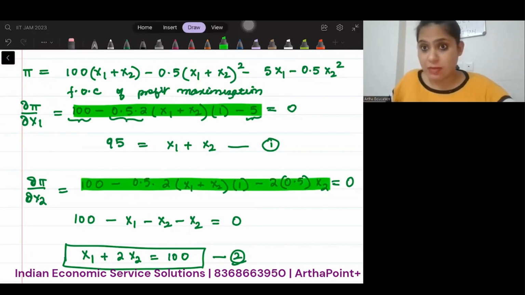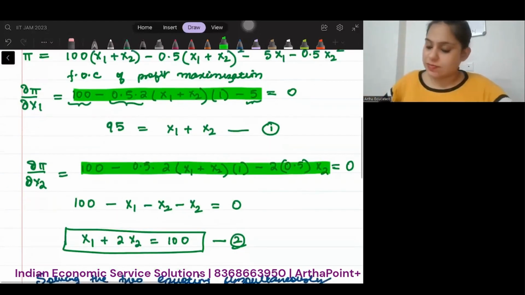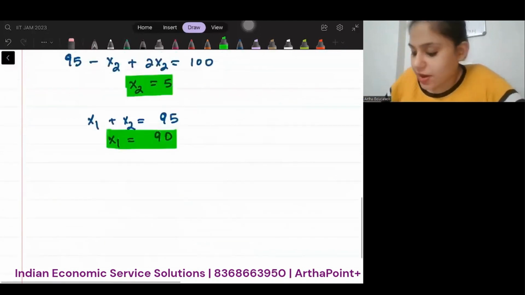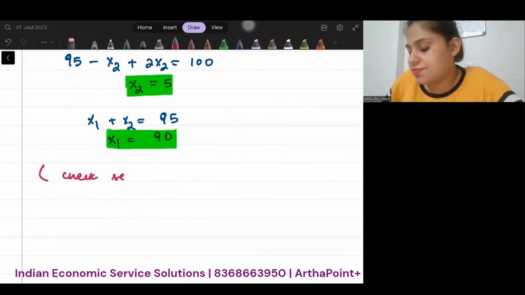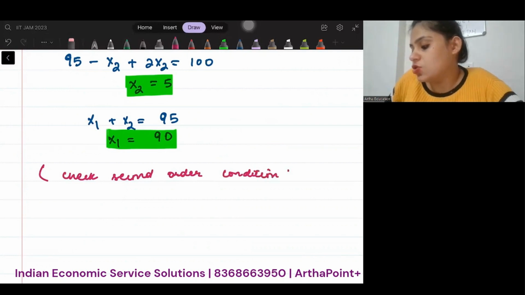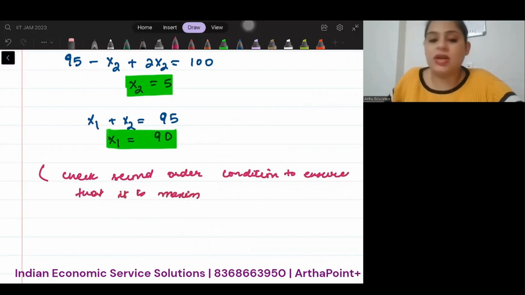Only then it is a maxima. So I am writing here: check second order condition to ensure that it is maxima. Okay, do this yourself.